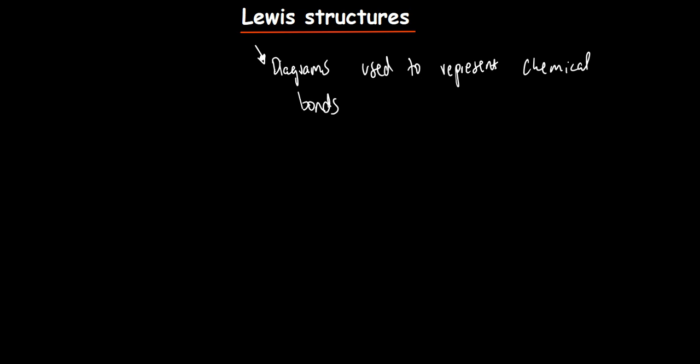Now, what is very important about these diagrams is that they only show the valence electrons. Which ones are valence electrons?